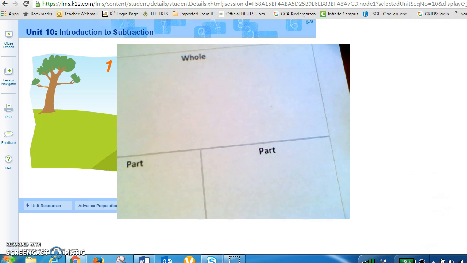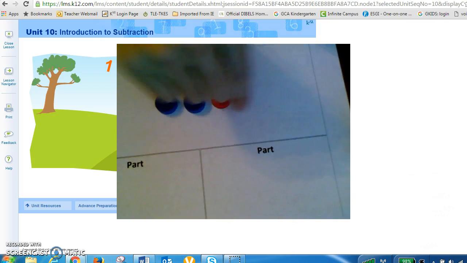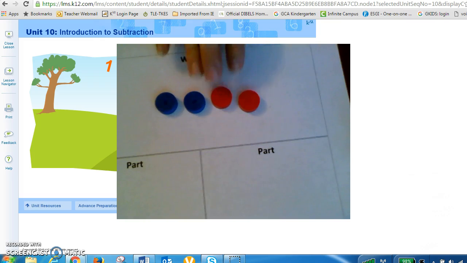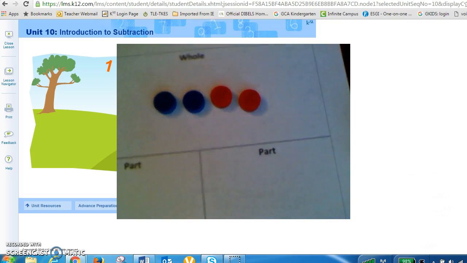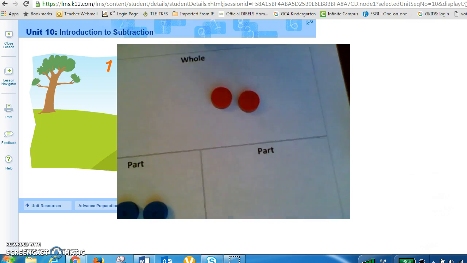So I'm going to use 2 blue and 2 red. So how many do I have? That's right, 4. I have a total of 4. Now take 2 away. How many are left? That's right, 2.